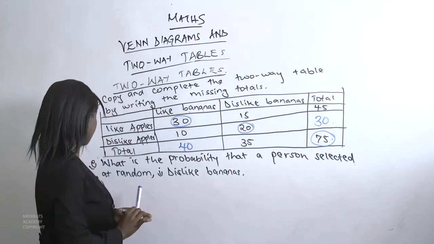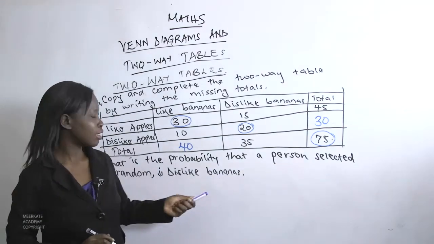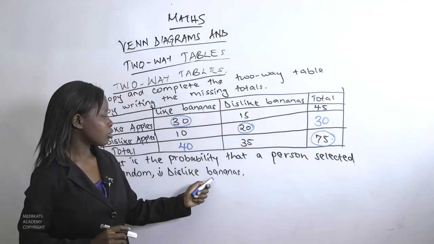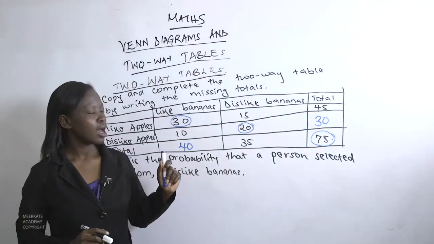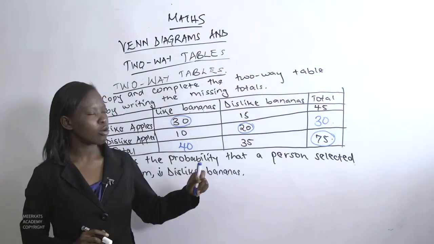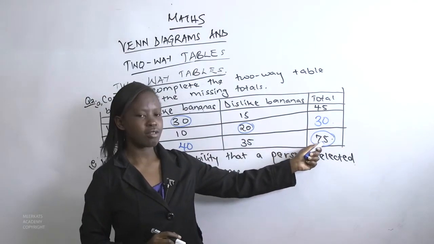So we are having part E of the question. We find the probability that a person selected at random dislikes bananas. So we need to find out how many people dislike bananas. Remember, the total number of people in this survey is 75.